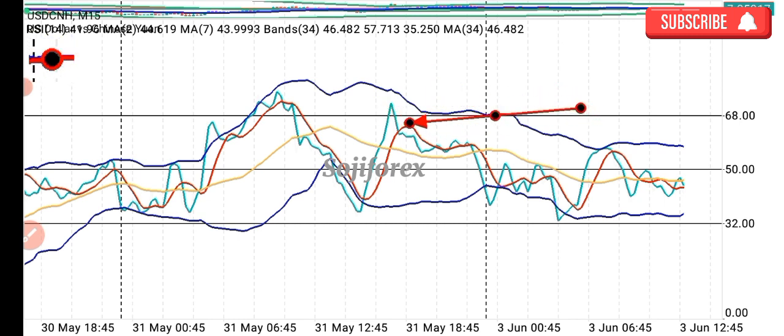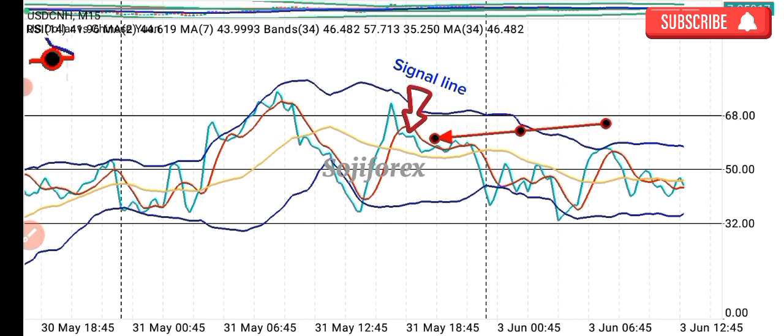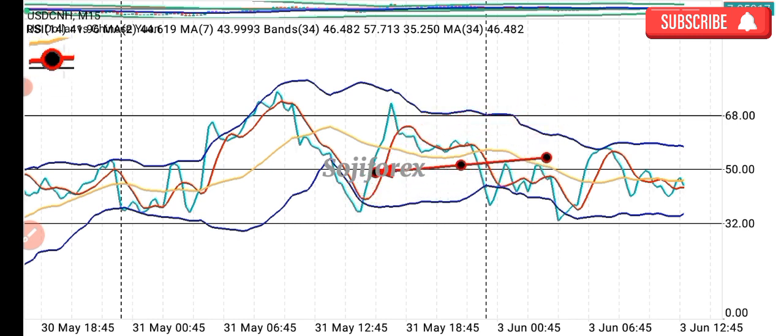Alright, then our red line is our signal line, and this signal line helps us to confirm entries. Whenever there is a cross between the price line, which is the green line, and the red line, it gives us a confirmation entry, either for a sell from the upside or for a buy from the downside, depending on where the cross is coming from.